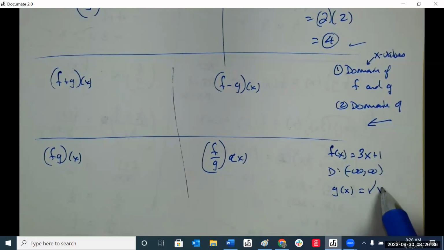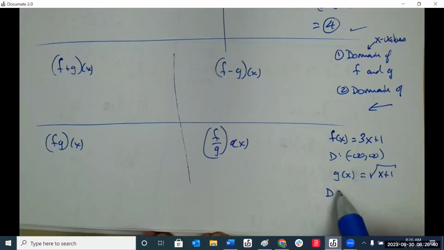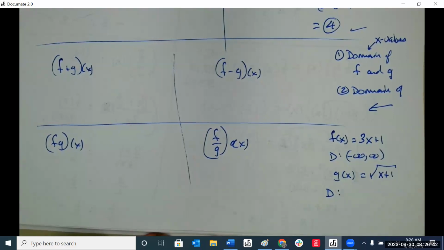g of x is x plus 1. What's its domain? Nope.